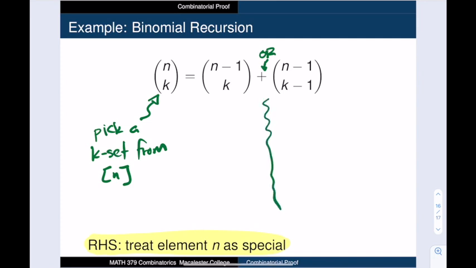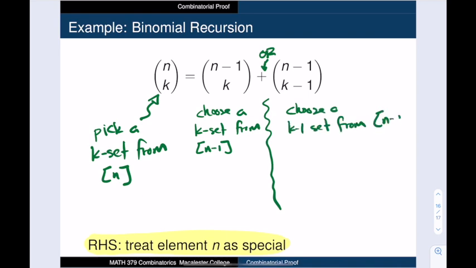All right, let's interpret the two sides of this equation. So now let's give the literal interpretation for each of the terms on the left-hand side. So this first one, n minus 1 choose k, we are choosing a k set from the set of n minus 1 things. And for the second one, n minus 1 choose k minus 1, we are choosing a k minus 1 set from n minus 1. And now I need to explain why this process actually creates all the possible k sets of the set of n things.